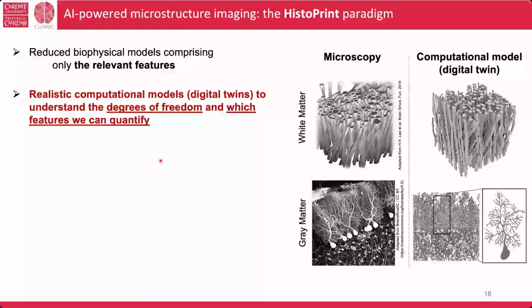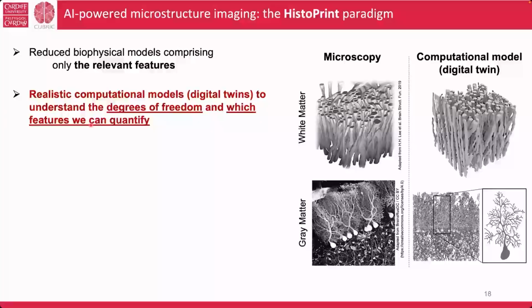And so we embarked in the last 5-6 years on generating simulators that are more and more realistic, in order to interrogate them and use them to help us identify which features we can actually quantify.